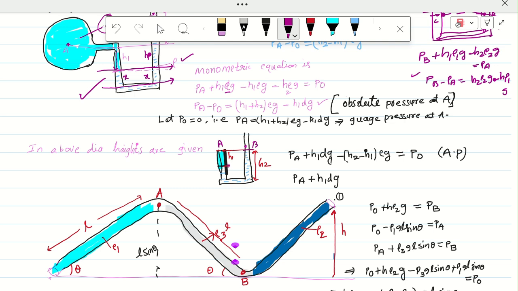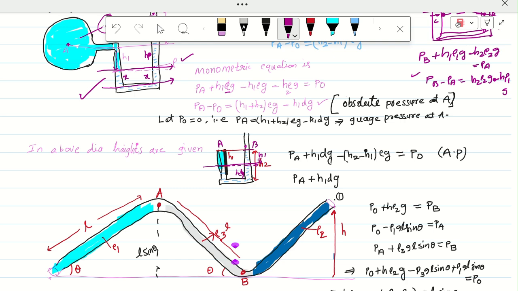Now if you see here, you can take this also as an equipressure line, no problem. If total H2 is given, this side will become H1. Now we can take here also, this is also an equipressure line. So then PA, so this is H2 minus H1.